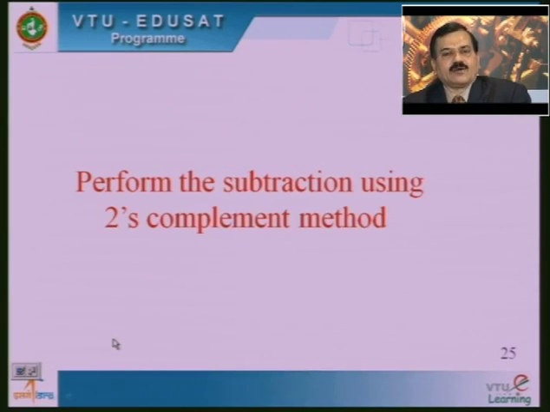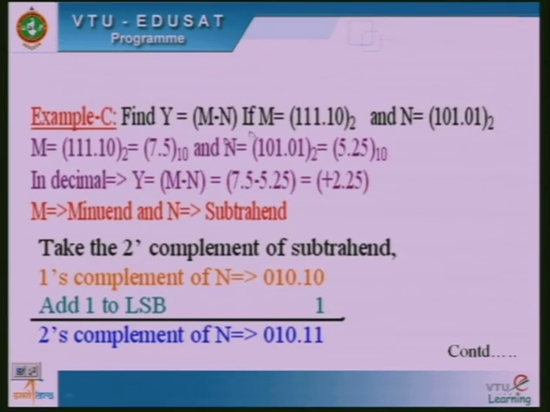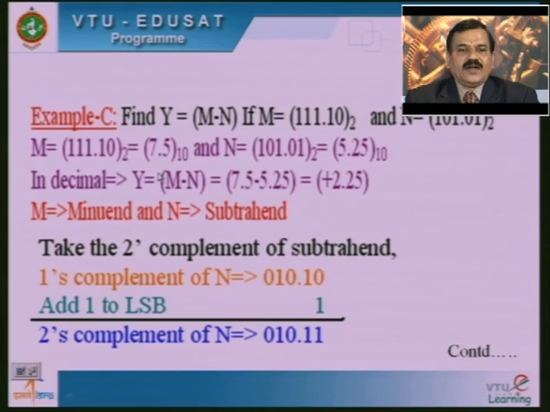Now similarly we are going to perform the subtraction using the 2's complement method. Here also we are going to consider the fractional part, because it was not considered in the very first example of 2's complement subtraction. So now y is taken as m minus n, where m value is equal to 111.10 and n value is 101.01 in binary, so m and n are well defined.